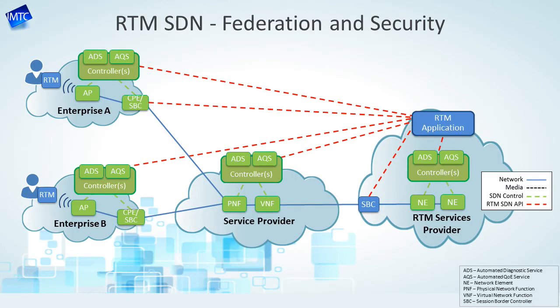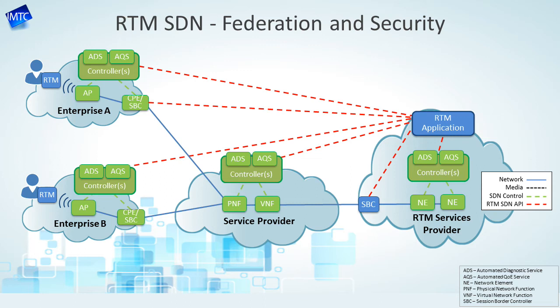For RTM SDN to work through these disparate pieces of network, there is a coordination needed, there is a federation needed, and that's where this RTM SDN API and the use cases come into play. It enables the UC application, which is sitting in the data center, to get visibility into diagnostic information from the users in the enterprises and the session border controllers, which are the middle boxes in the network, and collate all the information and then provision the flows across the various pieces of the network.